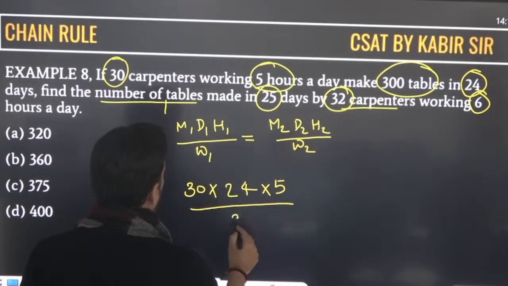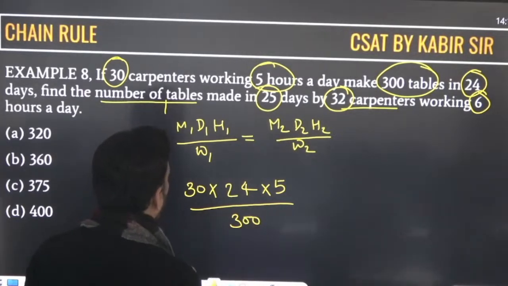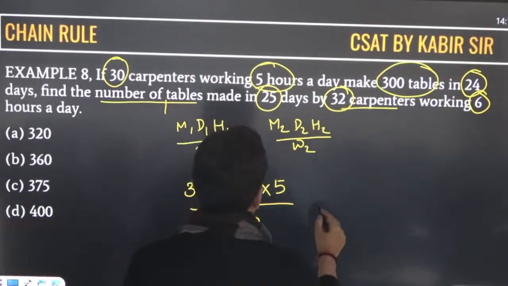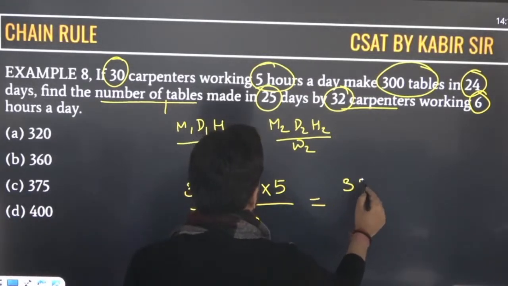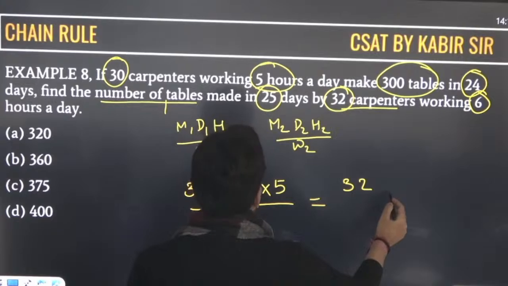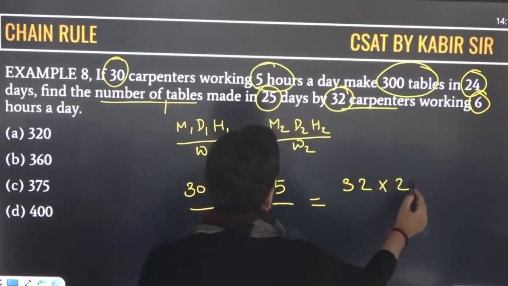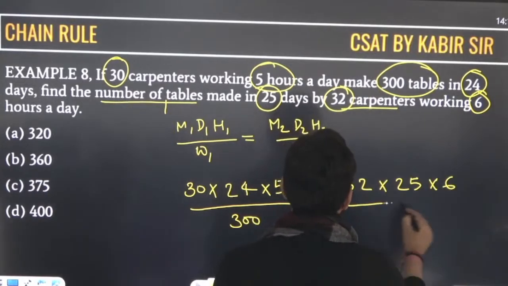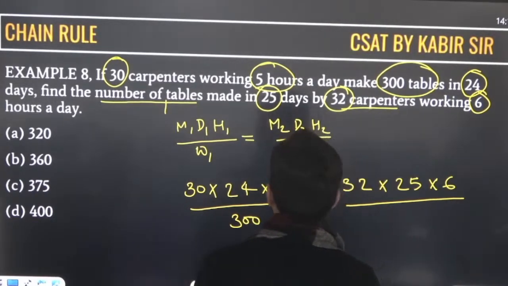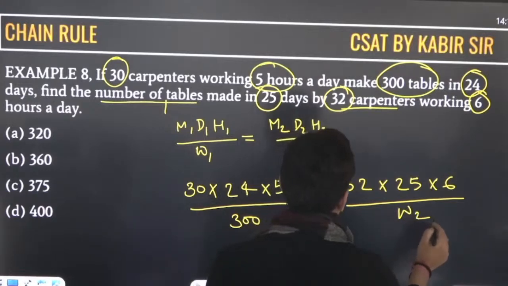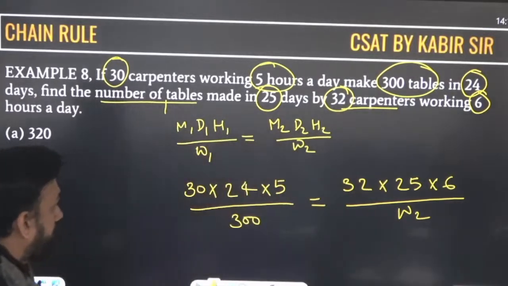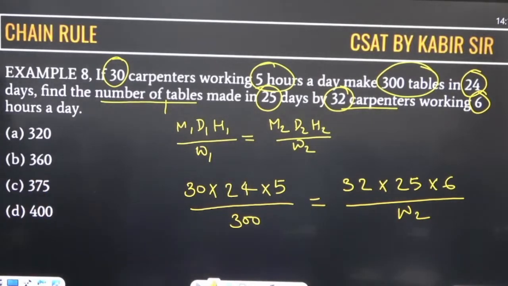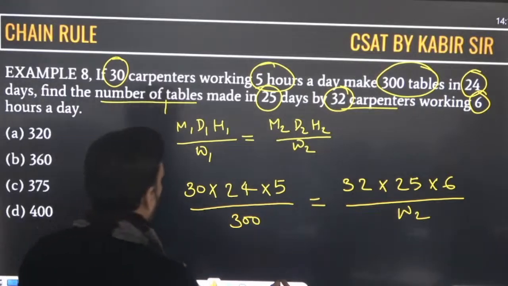They are making 300 tables. Now 32 carpenters are working. How many days? 25 days. And daily they are working 6 hours. We have to find the work, how much work they can complete. So you can solve this.